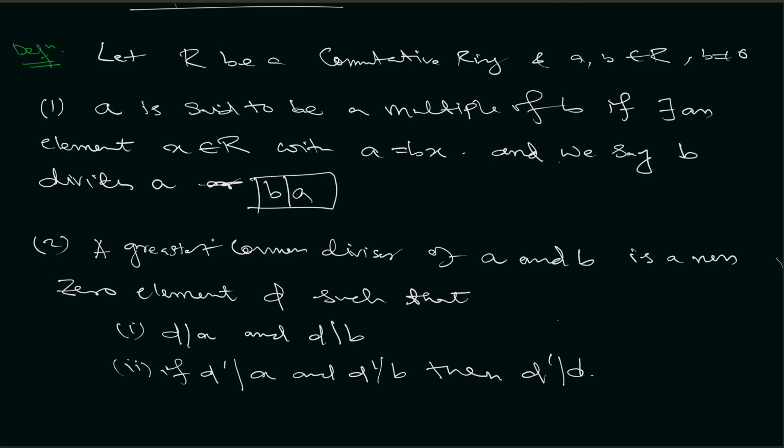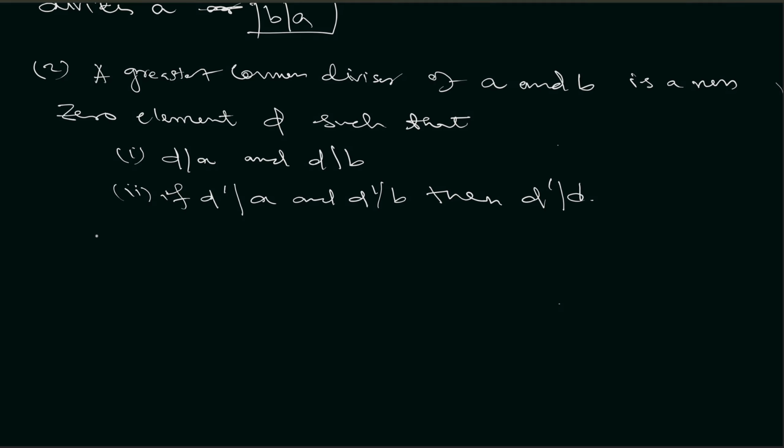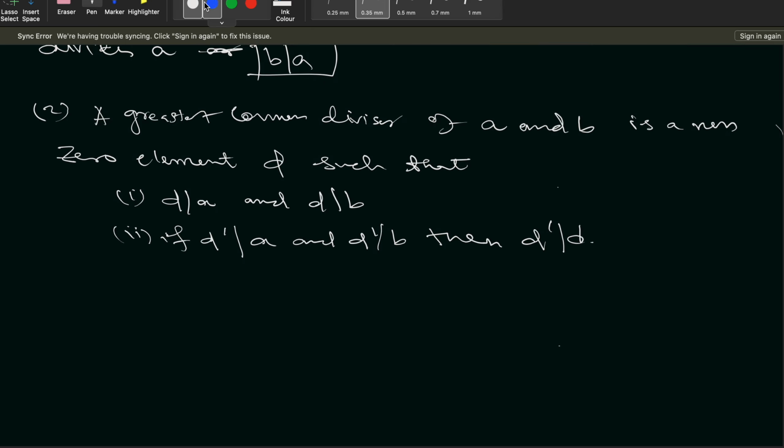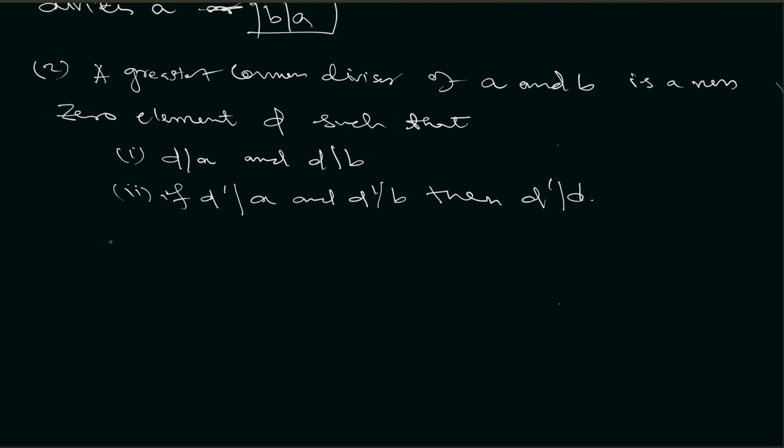We have already seen this in the case of the ring of integers Z. You should recall one more thing: suppose D divides A. That means the ideal generated by A is contained in the ideal generated by D. Also the converse is true.